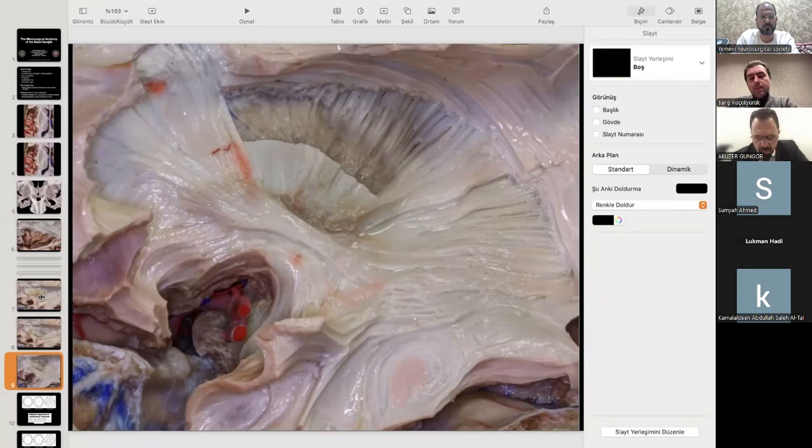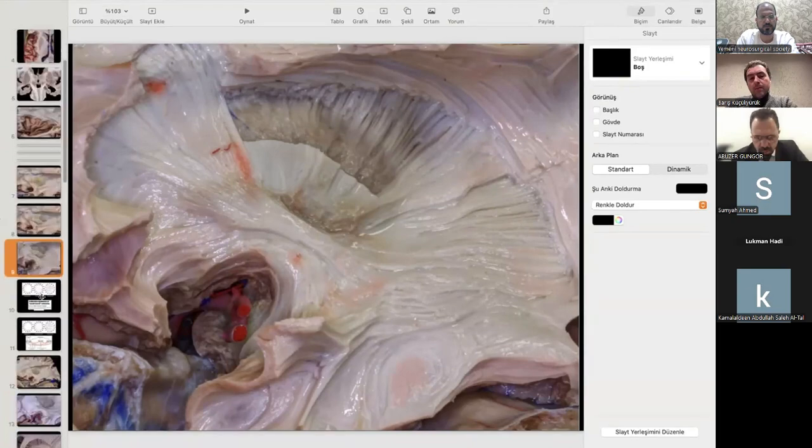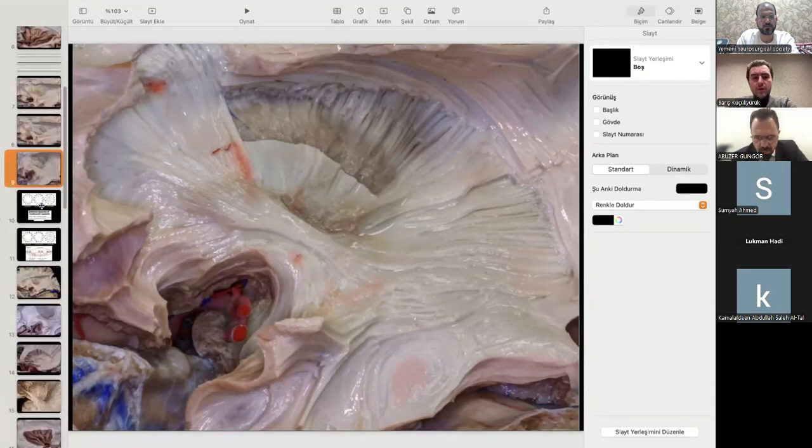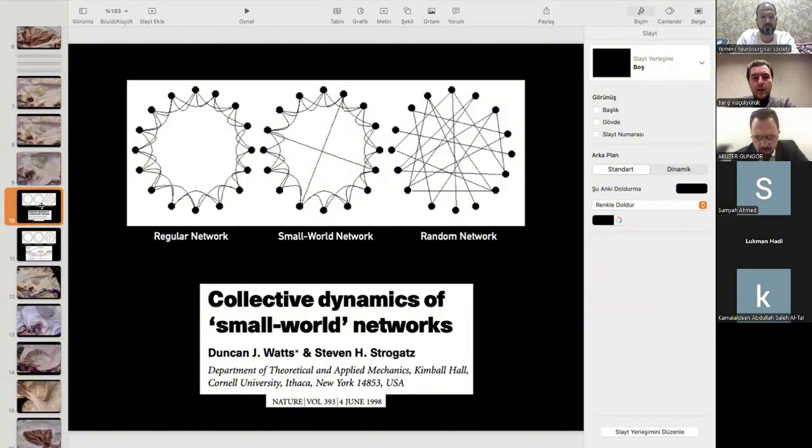So just let me go a little bit off topic to show something like this. This is how the association fibers of the brain work. This article is not a medical article, actually. It speaks about how information is carried from the smallest cell to even the larger galaxies.